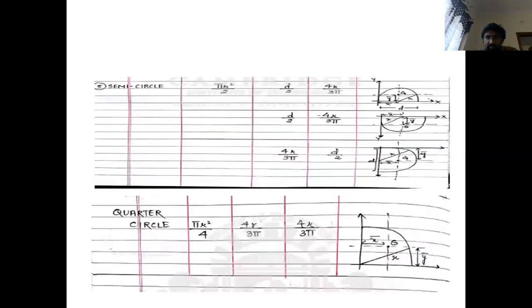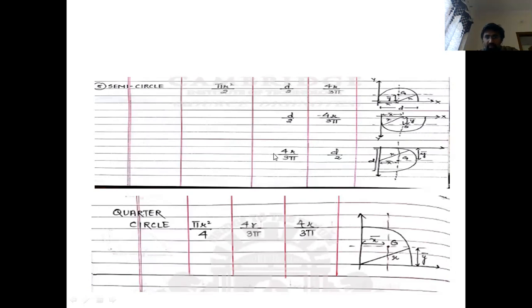And the next one will be the semicircle. For the semicircle, your x bar distance will be d by 2, and similarly your y bar distance will be 4r by 3 pi. This is lying in the first quadrant, so that's why I'm getting both positive values. If it is in the fourth quadrant, your y distance is negative, so I'm getting minus 4r by 3 pi, and again your x distance will be plus d by 2.